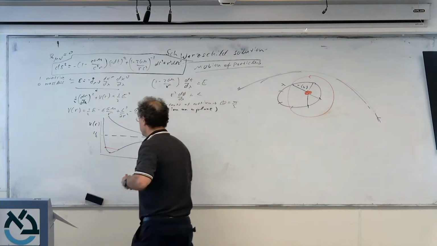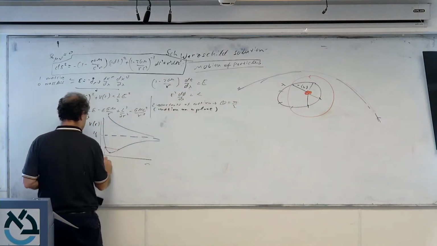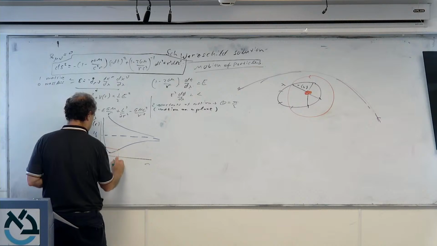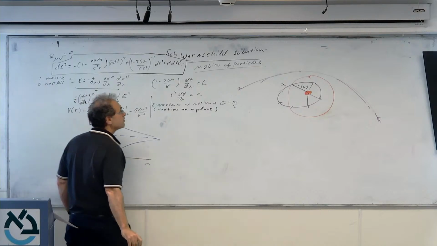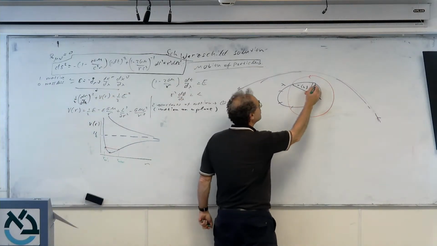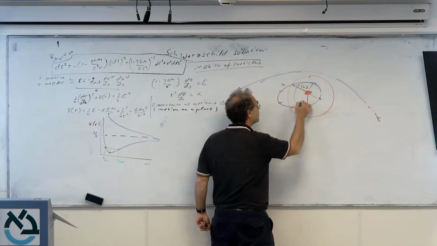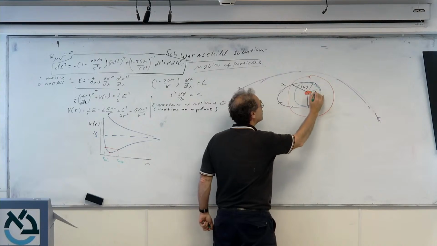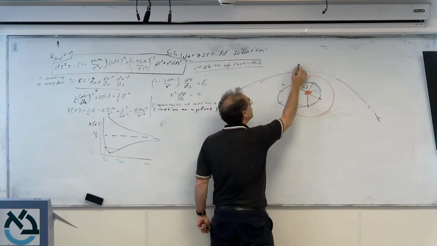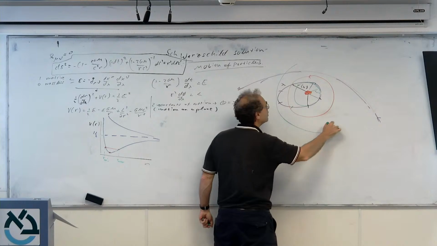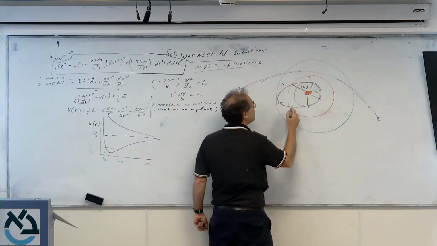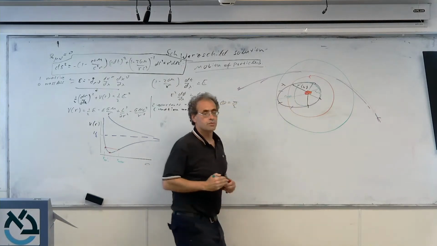Bound trajectories lie between r min and r max. This would be r min, this would be r max. The trajectories would be ellipses.